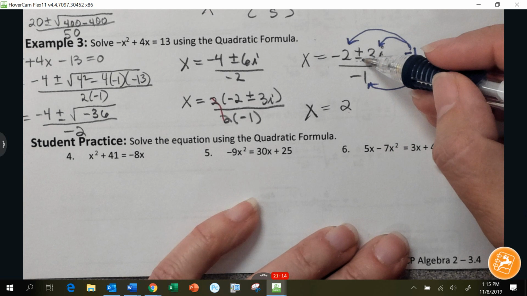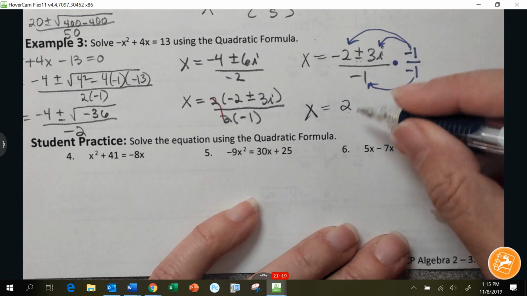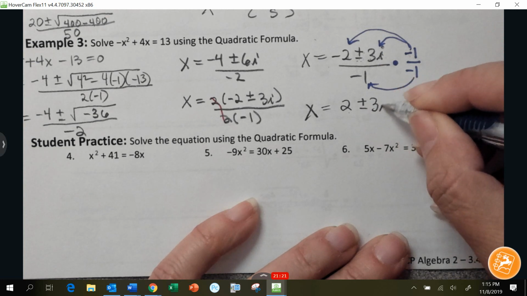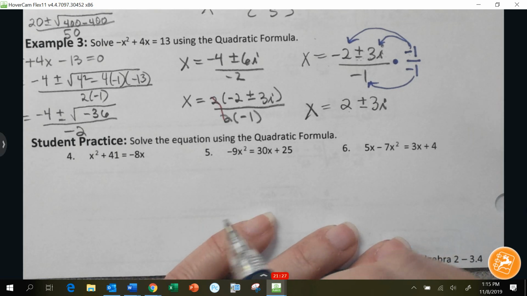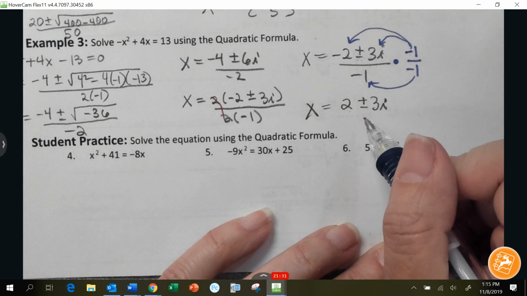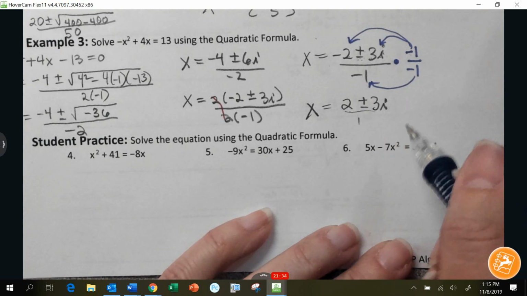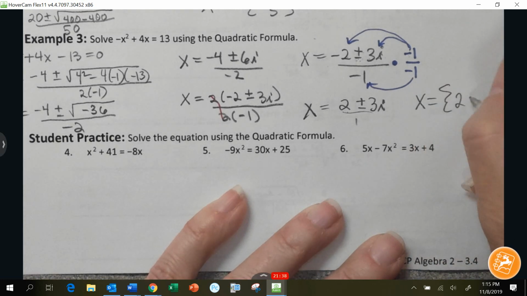Because I know I still have a positive and a negative, I still write plus or minus. No, we don't write minus plus. We write positive and negative. Then the bottom, negative 1 times negative 1 is positive 1, which I don't need there anymore. So my answers for this are 2 plus or minus 3i.